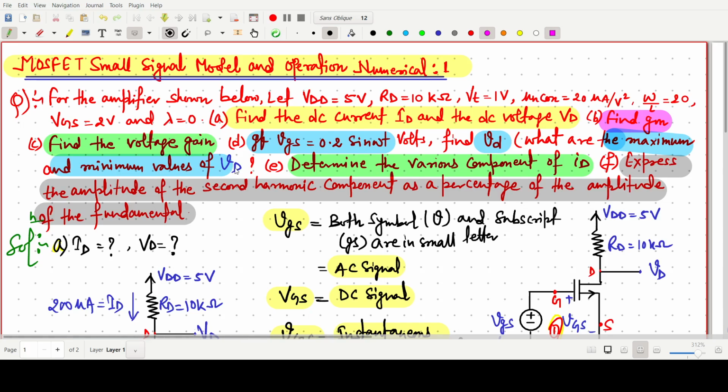Then gain also, transconductance, AC drain voltage, maximum and minimum value of the instantaneous drain voltage, various components of ID, and the amplitude of the second harmonic component as a percentage of the amplitude of the fundamental we have also calculated. So this is all about this video. So thank you for watching this video.